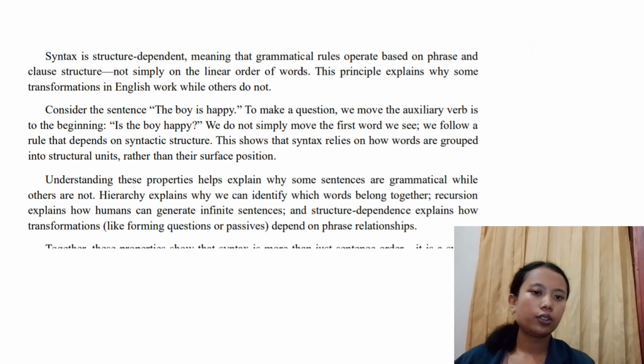For example, to make "the boy is happy" into a question, we say, "is the boy happy?" We move the auxiliary verb "is," not just any word. So syntax is not random. It's a system that shows how language is organized and meaningful.